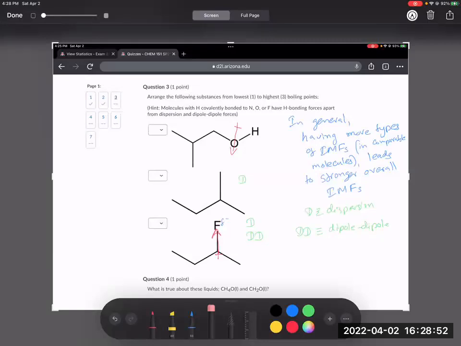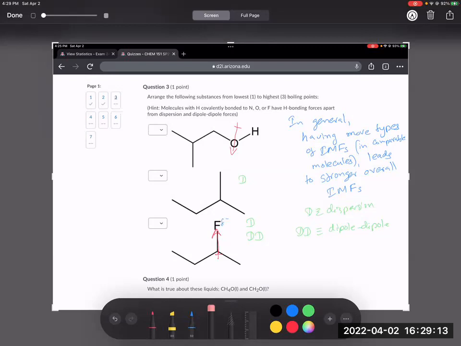Apart from being a polar molecule, you have hydrogen covalently bonded to oxygen. So we know when we have hydrogen covalently bonded to nitrogen, oxygen, or fluorine, it can participate in hydrogen bonding interactions apart from dispersion and dipole.